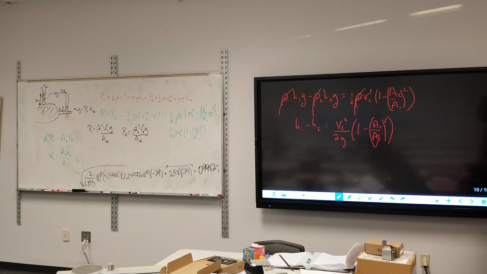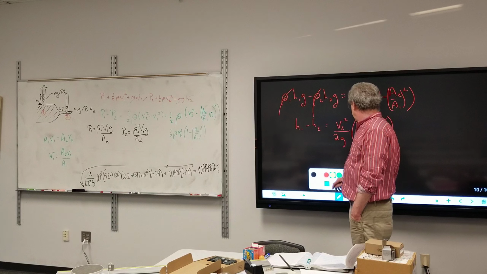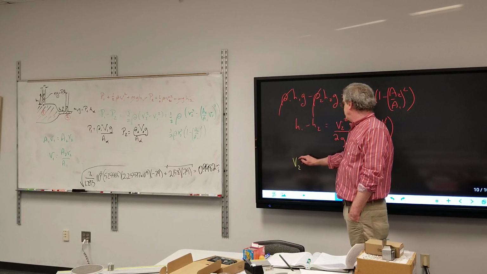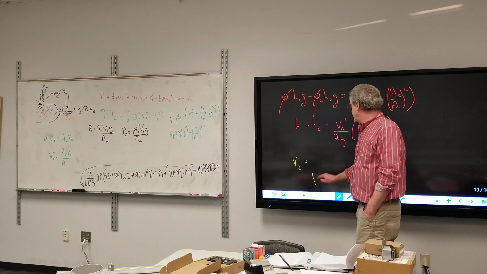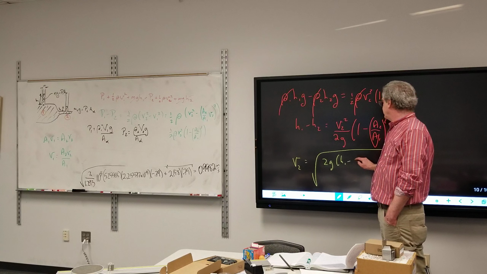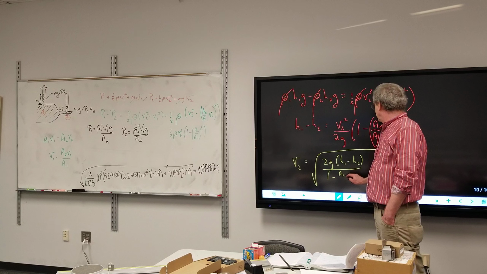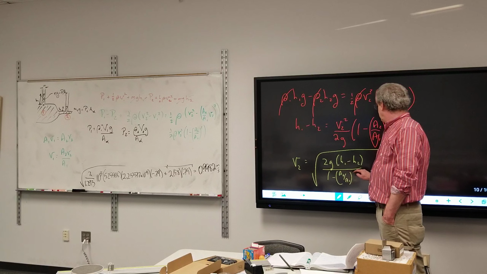I guess this formula would be for predicting the difference in heights based upon the speed. If we actually solve for the speed, V2, the speed at the second part, is the square root of 2g(H1 minus H2) divided by 1 minus (A2 over A1) squared.